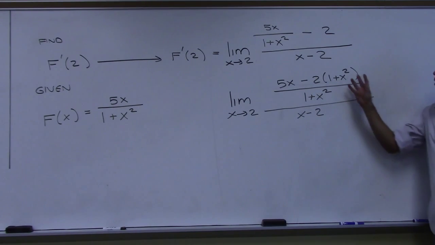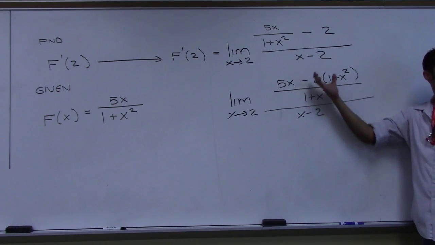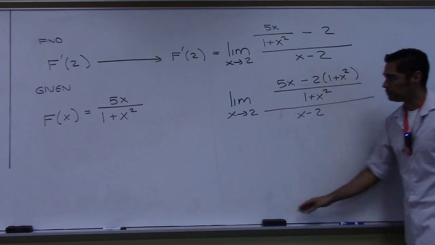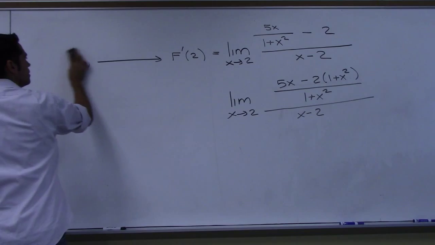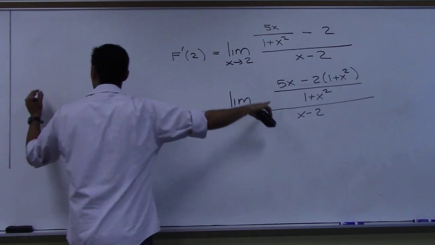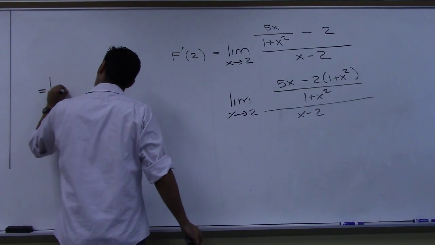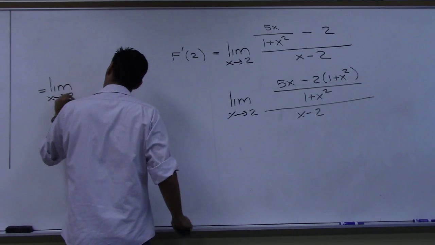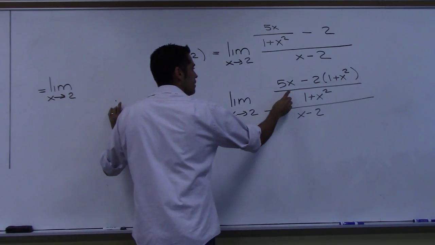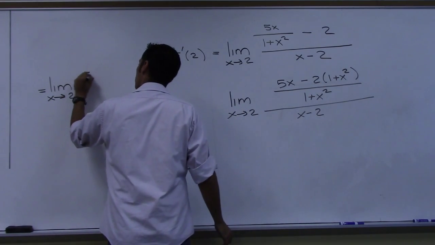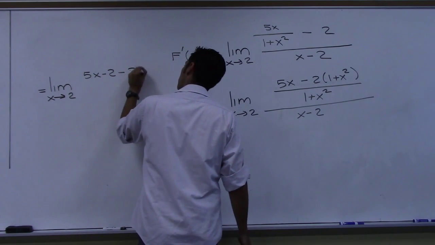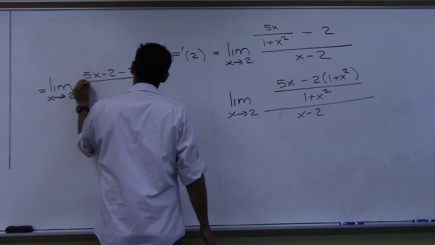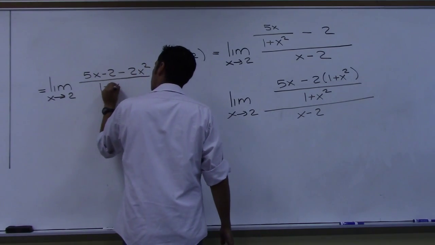In fact, I'm really hoping to get an x minus 2 up there that I can cancel out. Do I get it? What does that numerator become over here? It'd be 5x minus 2 minus 2x squared. You can flip it around, right? We'll rearrange it on the next line.